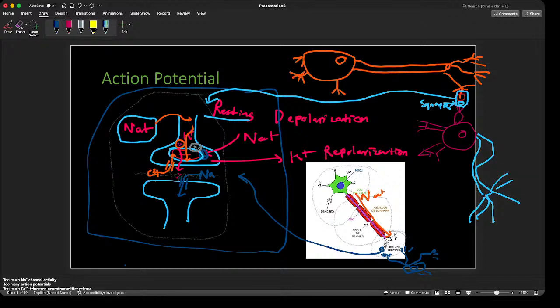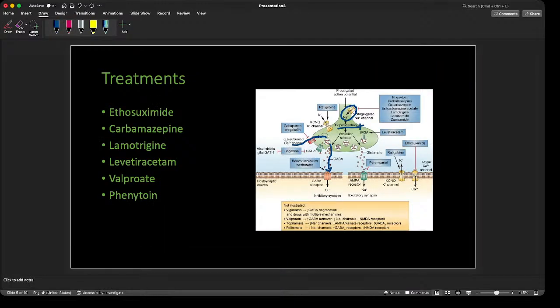You can probably see these receptors maybe here. You can probably see them right here, basically around where the receiving end of the other neuron is. So if you see that, you can probably understand now how it's actually working.